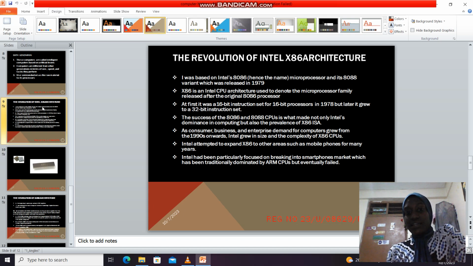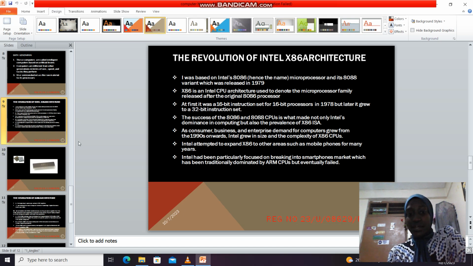The success of the 8086 and 8088 CPUs is what made not only Intel's dominance in computing but also the prevalence of the x86 ISA. As consumer, business, and enterprise demand for computers grew from the 1990s onwards, Intel grew in size and the complexity of the x86 CPUs.